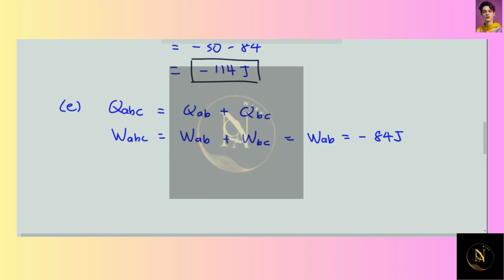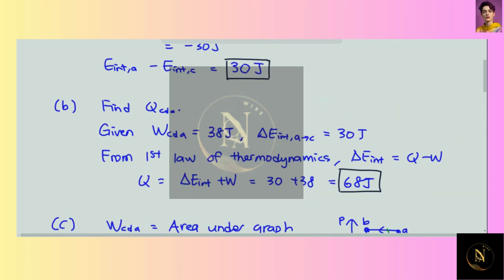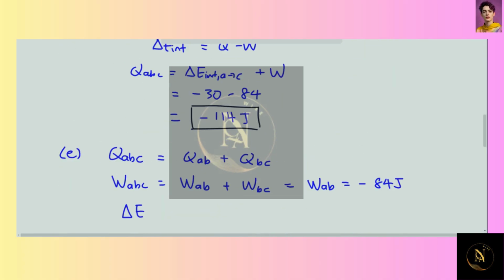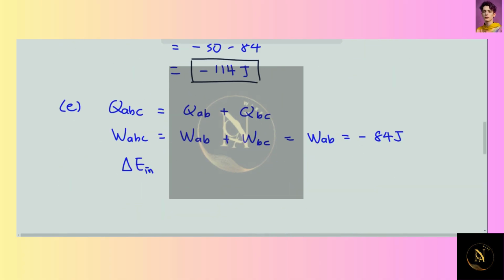Then we are given, if you look at our given information right at the top, E internal A minus E internal B is 15 joules. If you use the first law again, this time A to B, A to B is the opposite of B to A. The one that is given to us is B to A, which is E internal B minus E internal A, so this is negative 15 joules.